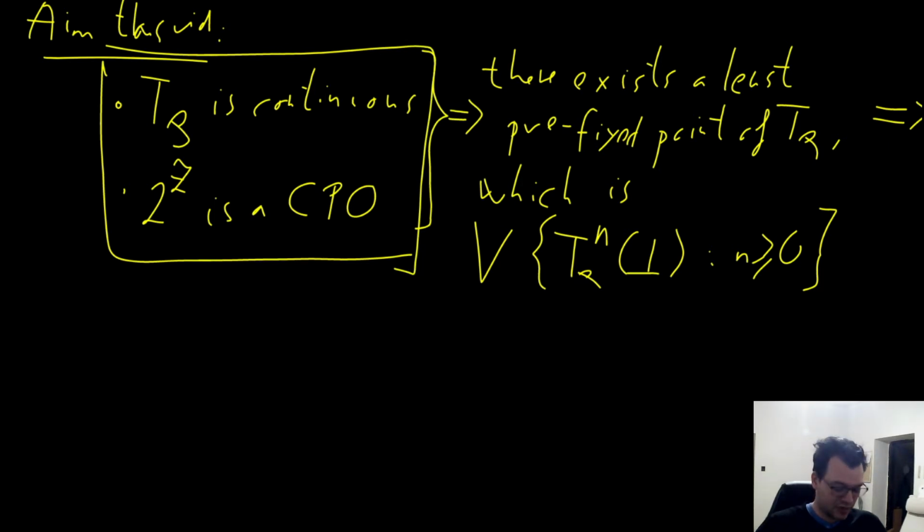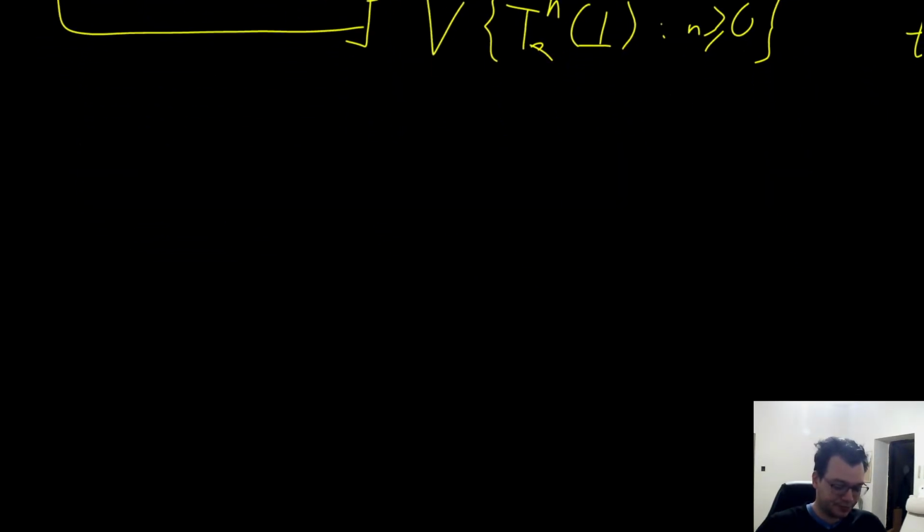Okay, let's do this. First, let's just recall what the function TP is. TP is a function which gets an assignment and outputs an assignment. And the output, the new assignment, is defined as follows.